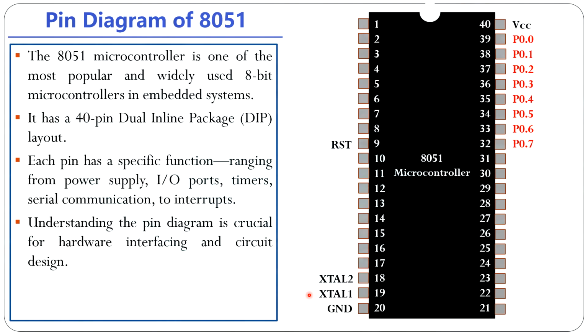Now we come to port number 0. Pin number 40 is the VCC supply we connected here. Basically, pin number 40 is a 5 volt supply. VCC is the 5 volt supply. So our starting of port 0 is pins 39 to 32.